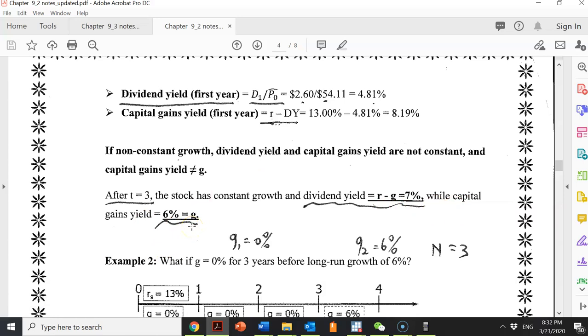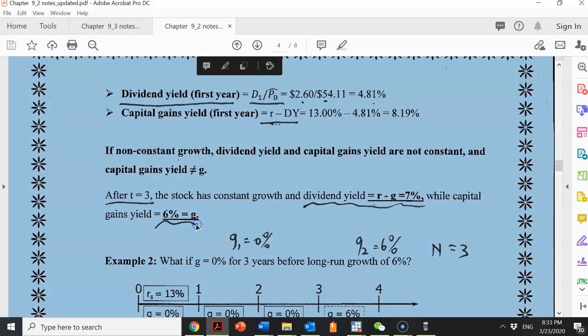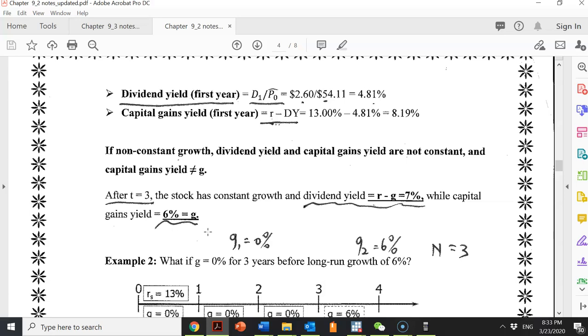So in the second stage, we can just use the two conclusions we had in the constant growth model setting: dividend yield, D1 over P0, is R minus G. Capital gains yield is the same as the growth rate of the dividend, same as the growth rate of the stock price, which is G. So that's how we work on two-stage questions to calculate P0, dividend yield and capital gains yield.